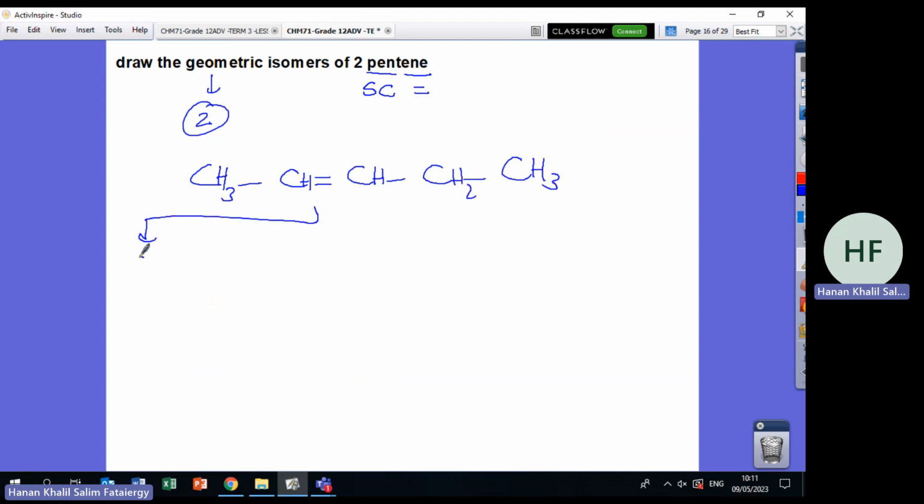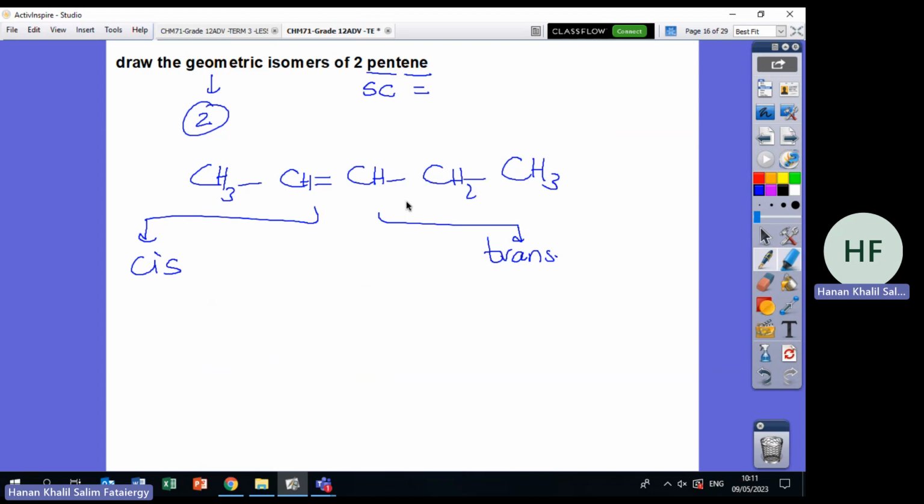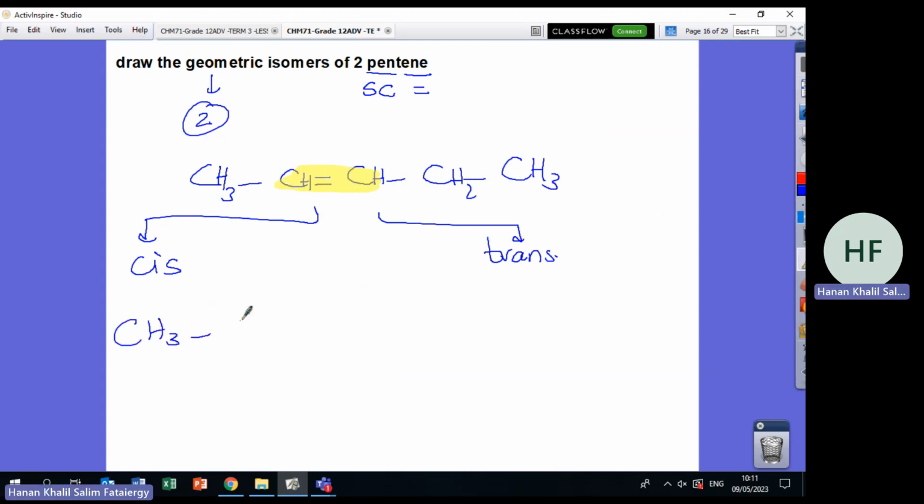Now I want to make cis and I want to make trans. We said you have to focus on the H's that are on the double bond. All the rest is not important. So I will write CH3, then C double bond C, CH2, CH3.